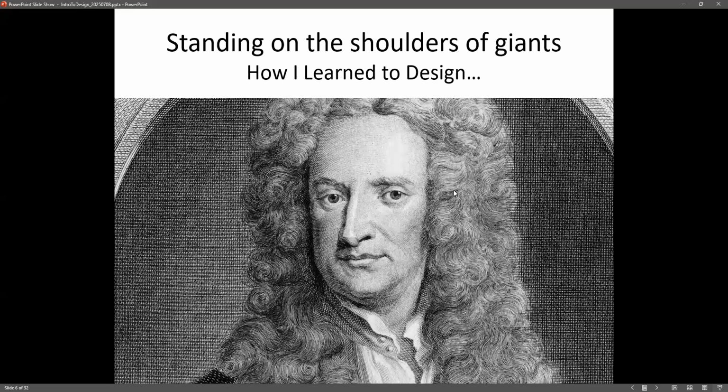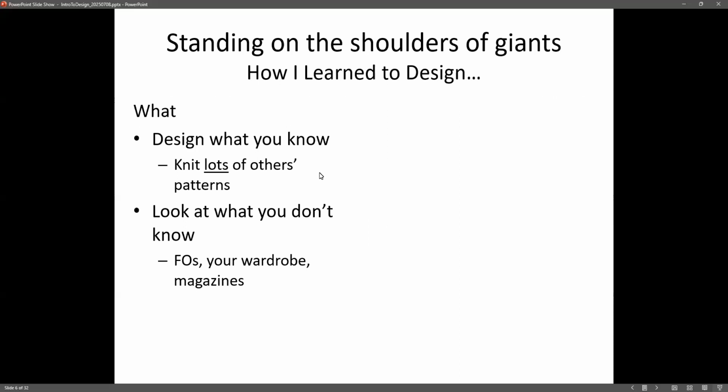So how is this relevant to us? Well, I am all about standing on the shoulders of giants. I am all about leveraging what others have done before me. And in particular, this will be very useful for the person who wants to recreate an existing garment.